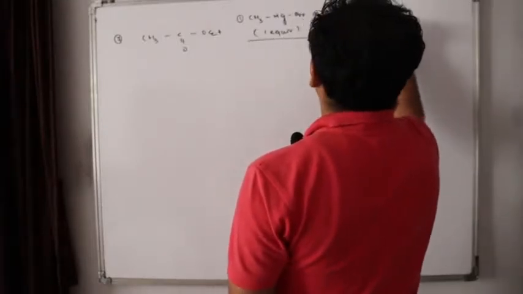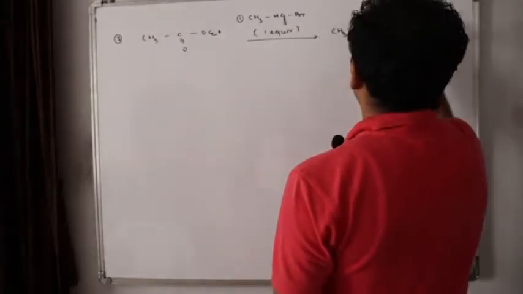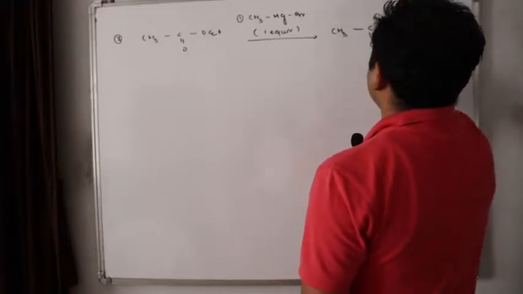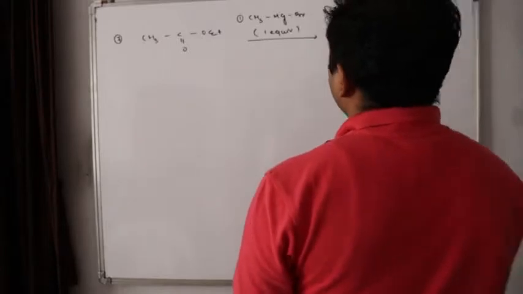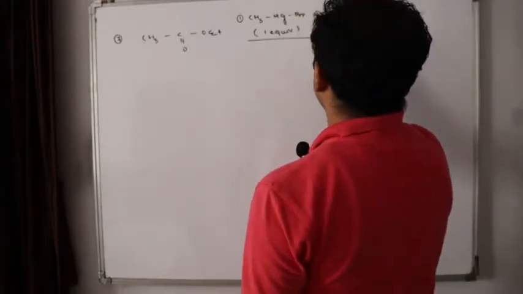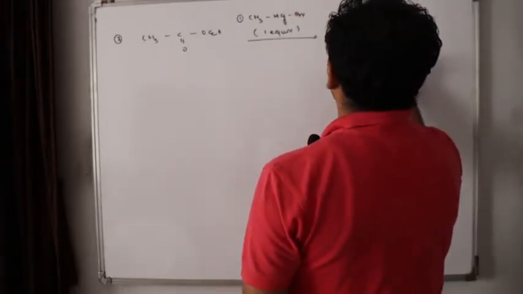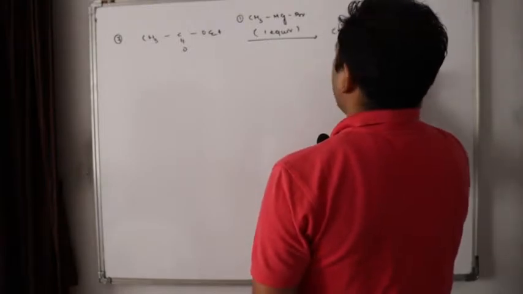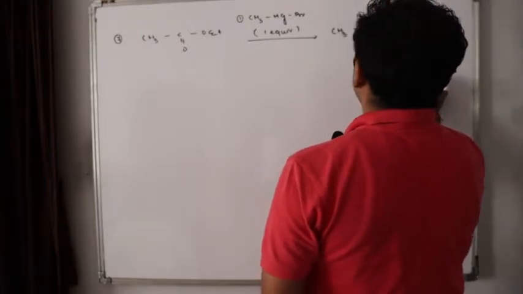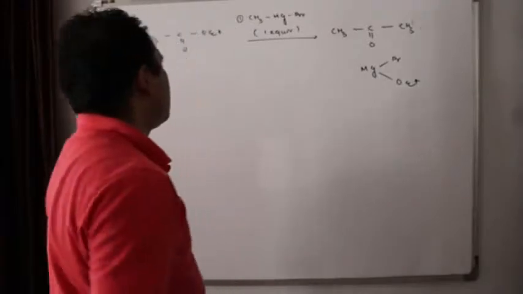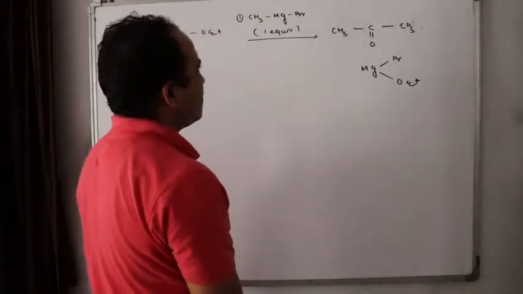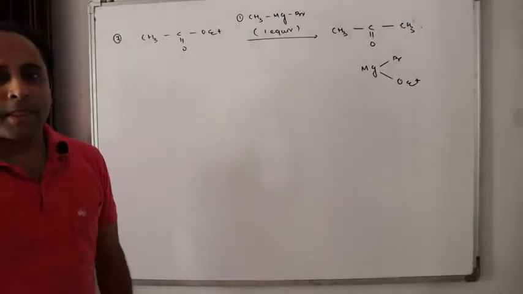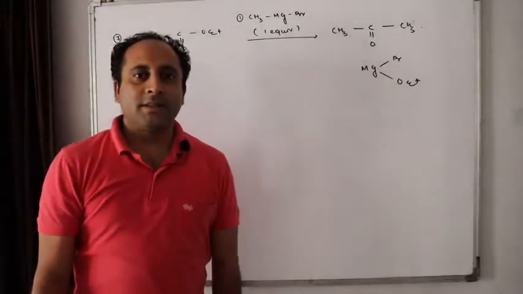CH3C double bond O CH3, yes or no? And what will happen with MgBr and OEt? O minus, OEt minus, MgBr plus, yes or no? Any doubt in this?